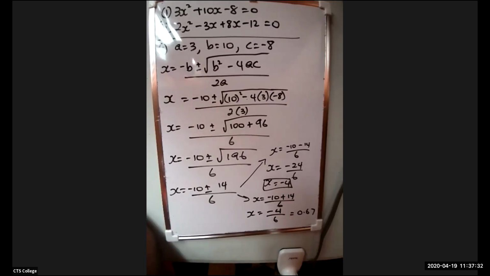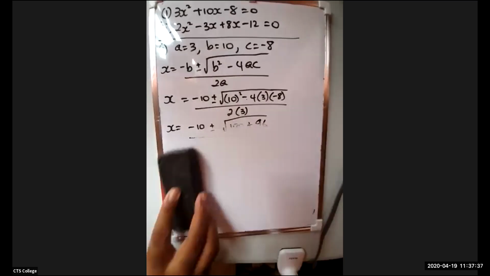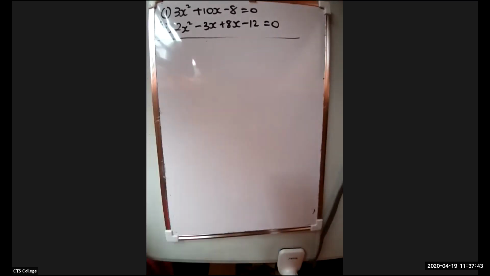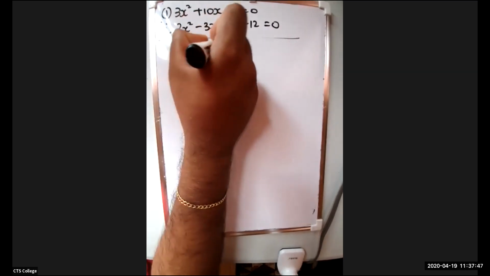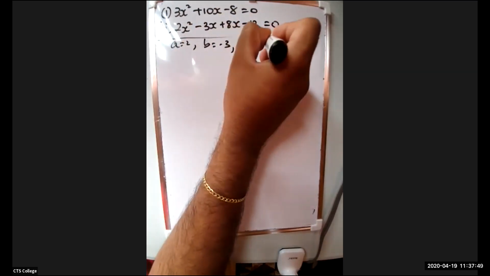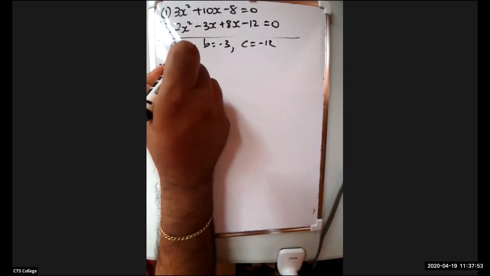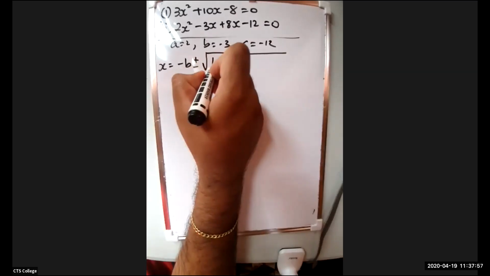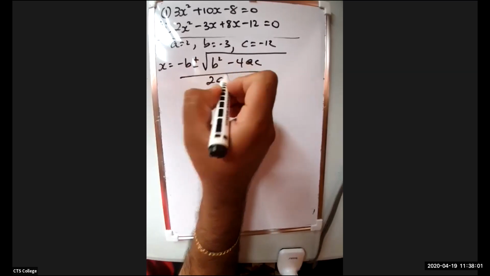Right, let's continue with the next question. So A is 2, B is -3, C is -12. So x is equal to minus B plus or minus the square root of B squared minus 4AC all over 2A.